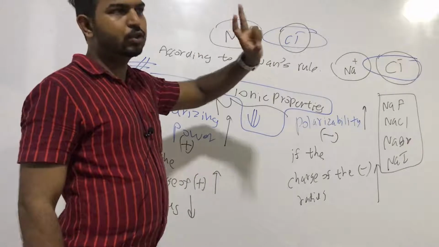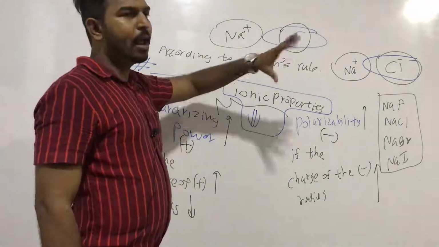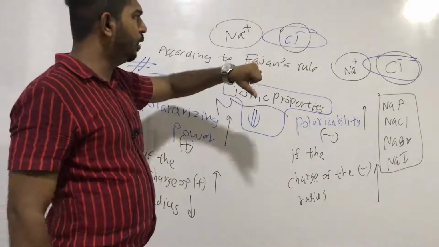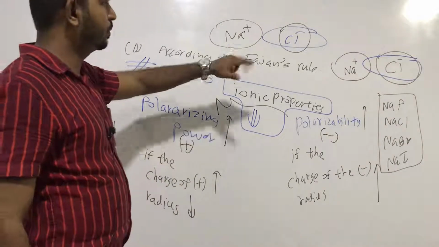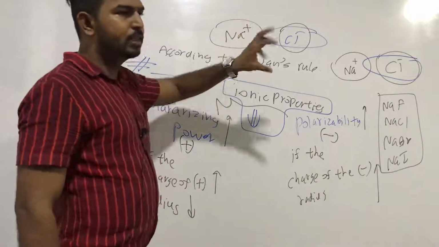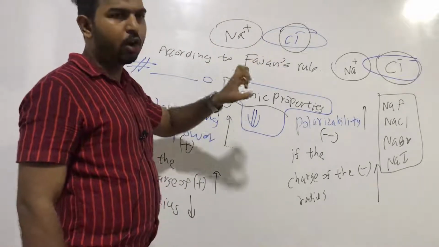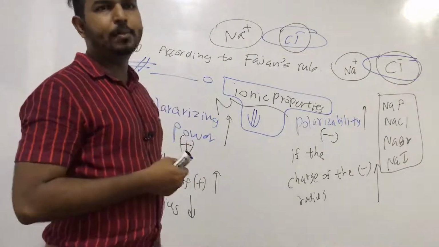So this will attract the electron cloud, and therefore these molecules or these salts try to show covalent properties rather than showing ionic properties.